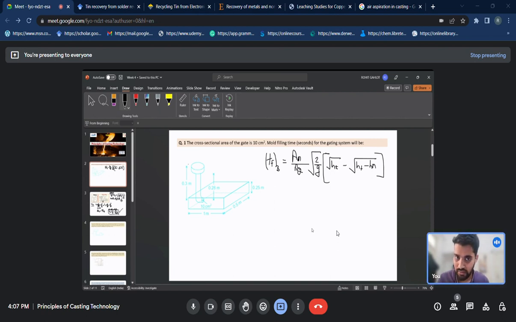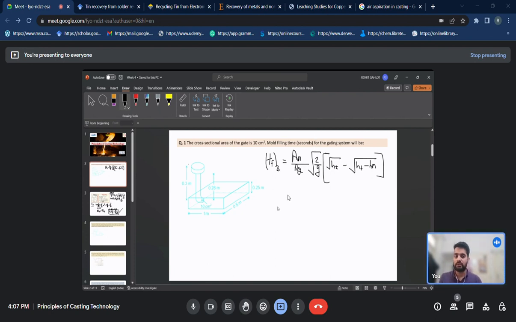Previously we did only the top gating system. But for bottom gating you also gave the formula, and we also solved some problems. That is AC divided by AG into 1 by root 2g, into 2 times root of hc minus root of hc minus hf.